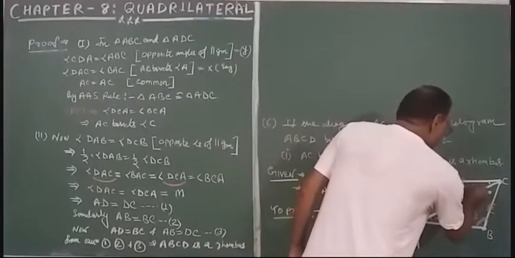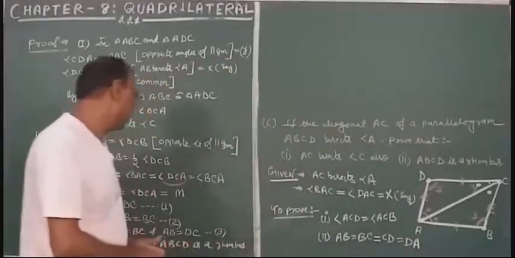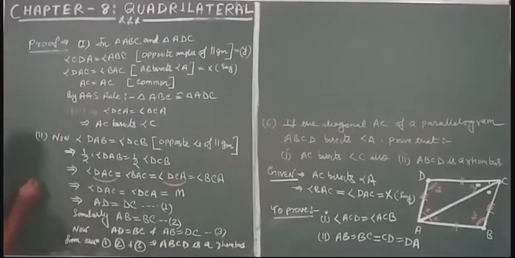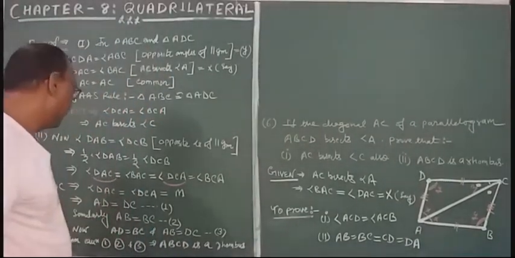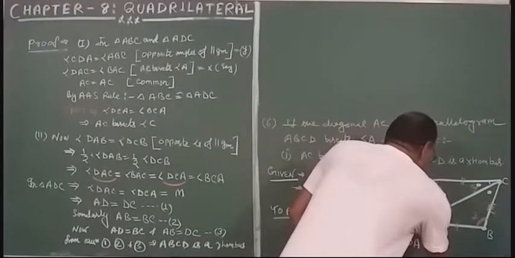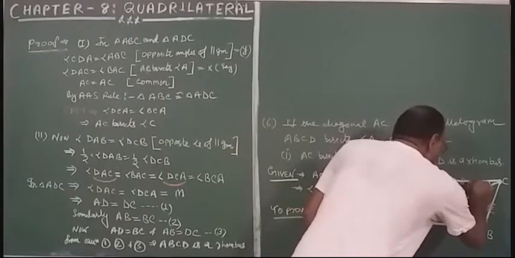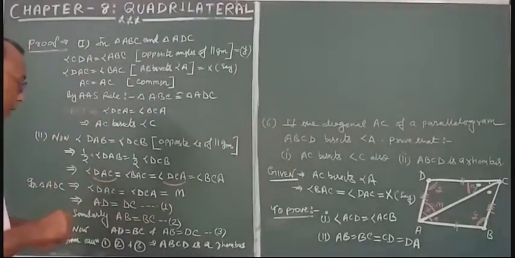This is M and this is M, and X is equal to M. Then in triangle ADC, angle DAC is equal to DCA, and both are equal to M. This and this are equal. So angle DAC is equal to DCA is equal to M.